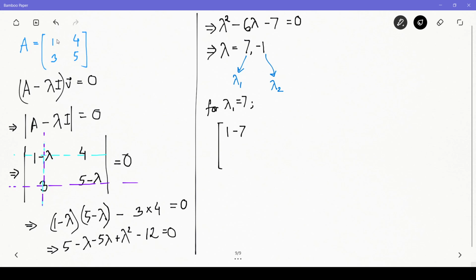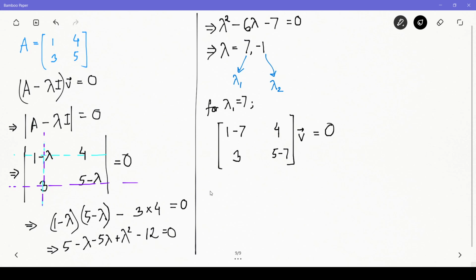Because we have the entry 1 in our original matrix, we need to subtract lambda times I, which means 7 times 1, which is 7. 4 will remain as it is. 3 will also remain as it is. But in our fourth and final entry, we have to write 5 minus 7. This whole matrix times a particular vector gives me 0, right?